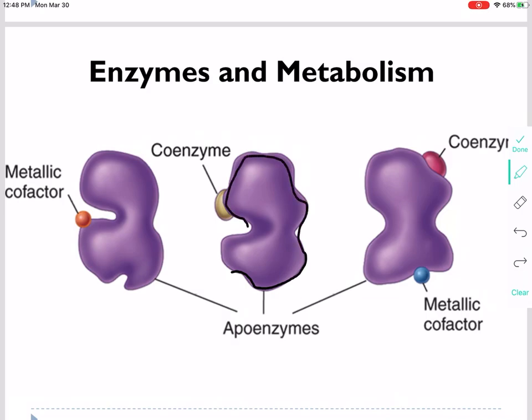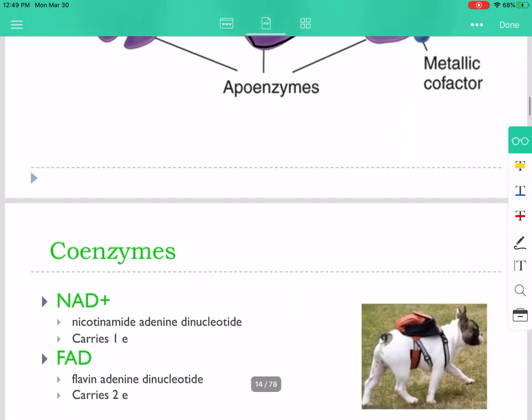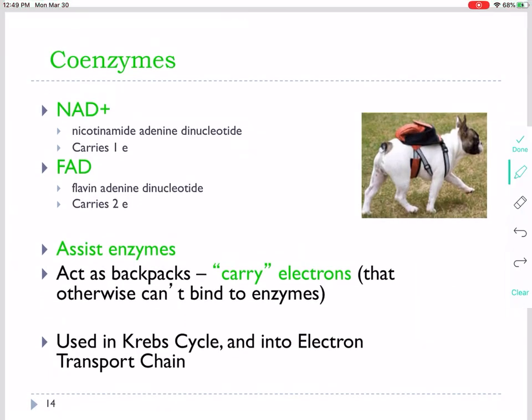Here we can see our big purple blob enzyme. So if this whole thing is an enzyme, guess what? Sometimes we have a little added buddy called a coenzyme.